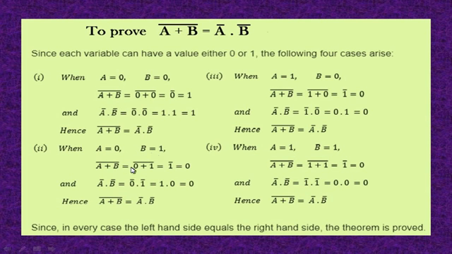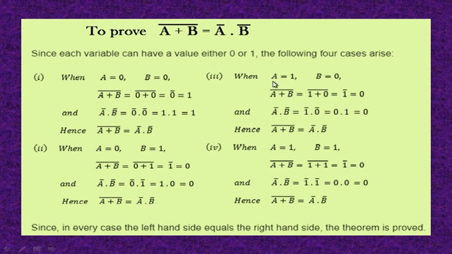Case 2: when A is equal to 0, B is equal to 1. For LHS, by putting the values, 0 plus 1 is 1, and complement of 1 will be 0. Here for RHS, A complement dot B complement means complement of 0 dot complement of 1, is equal to 1 dot 0. The product will be 0. In this way, for case 2, (A plus B) complement is equal to A complement dot B complement is proved.